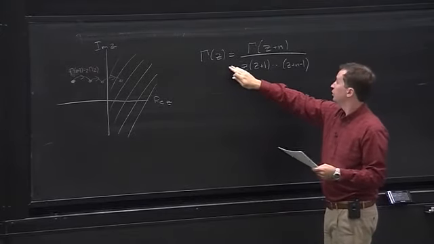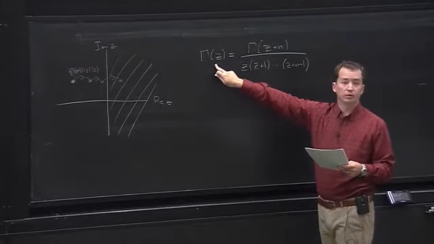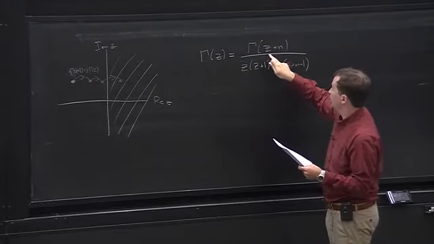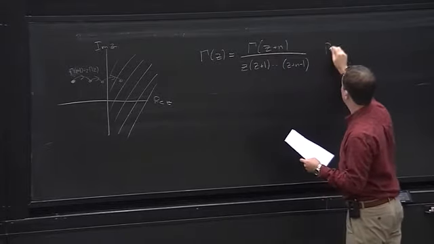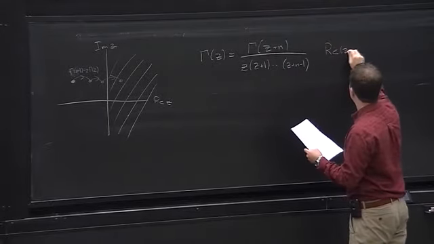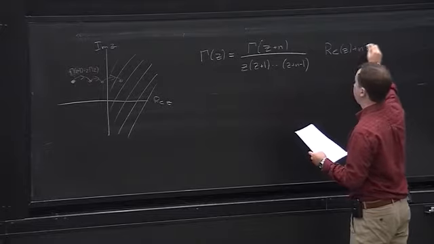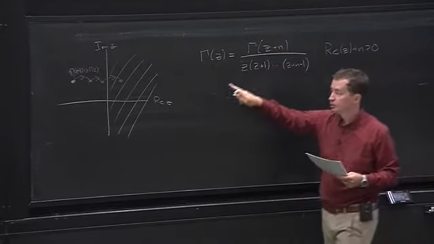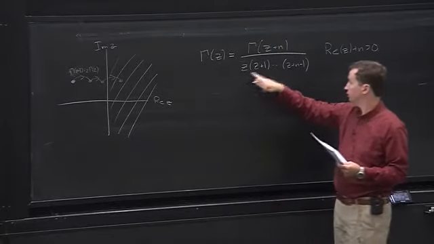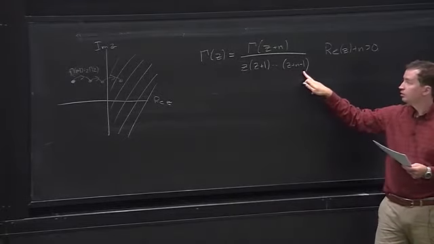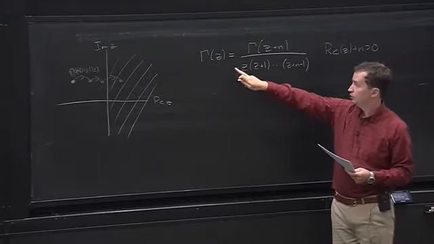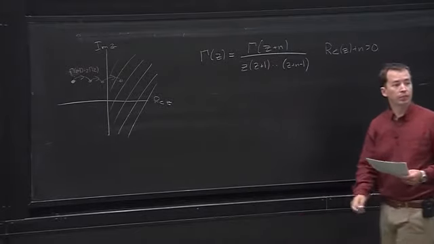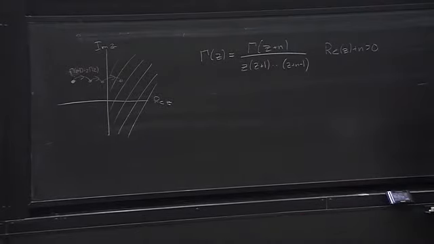So we can make sense of gamma of z for any z. If the real part of z plus n is positive, then we can define the numerator in terms of the original integral, and everything else on the right-hand side makes sense. So the integral together with the functional relation allows us to define gamma on the entire complex plane.